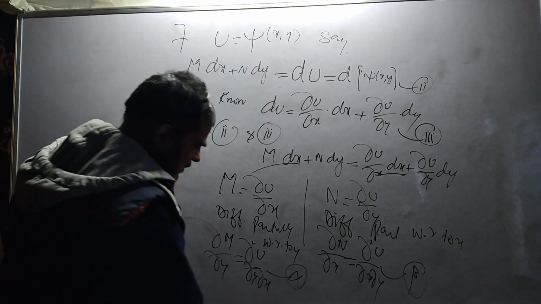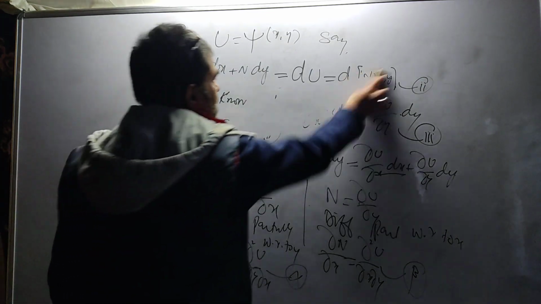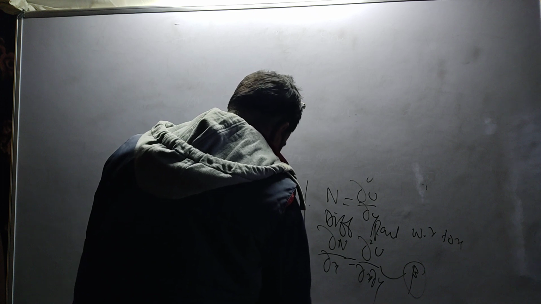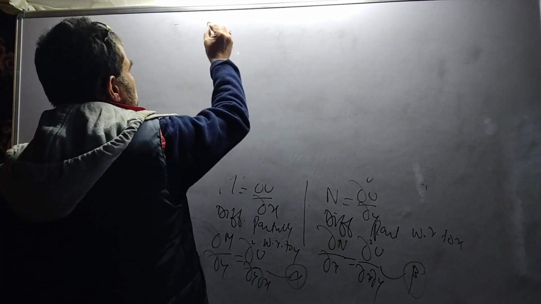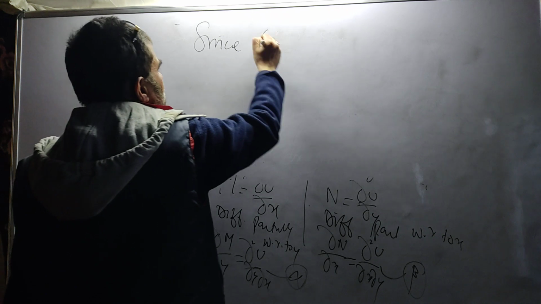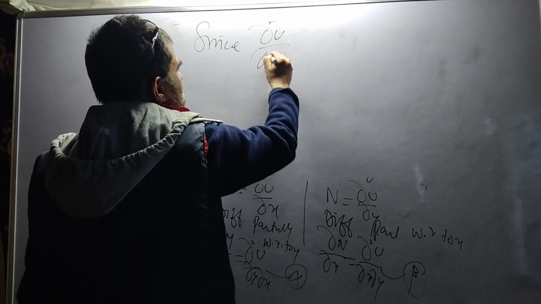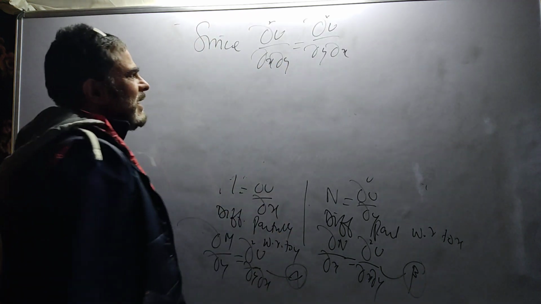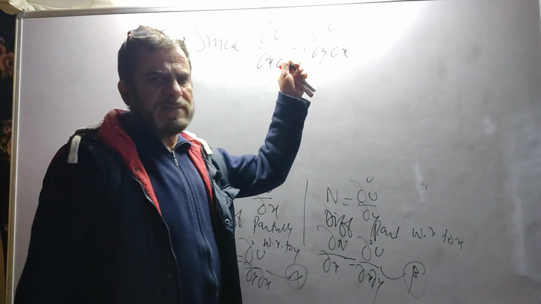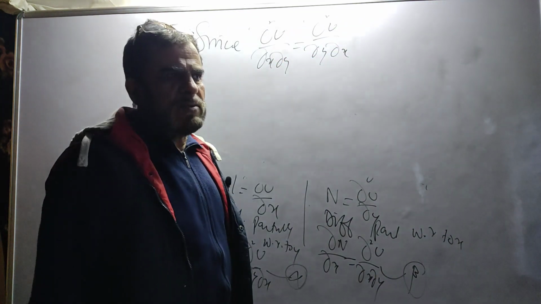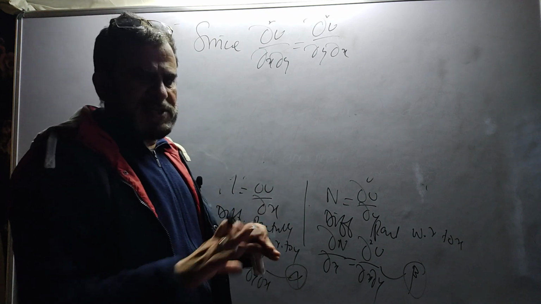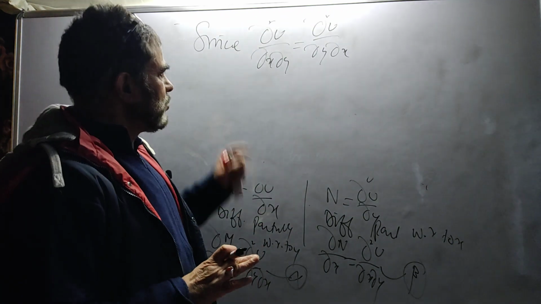Since we have dou 2u by dou x dou y always equal to dou 2u by dou y dou x, there are some conditions for the second order mixed partials to be equal. It is known as Young's and Schwarz's theorem.